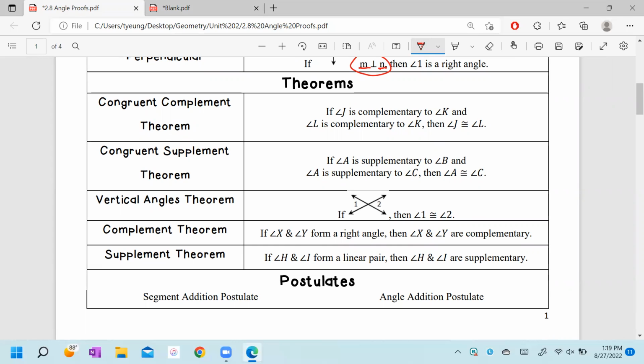I believe this should be if A is equal to B, A is equal to C. I believe this should be angle B right here. Angle B should be supplementary to C, because we already know that A is supplementary to C. So this should be B is equivalent to C.